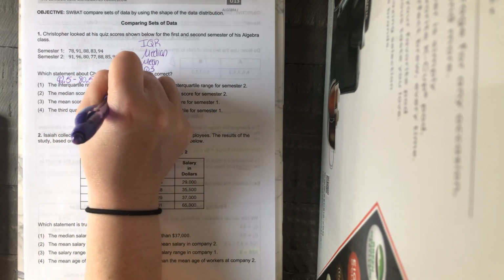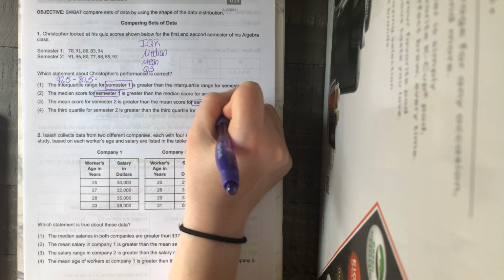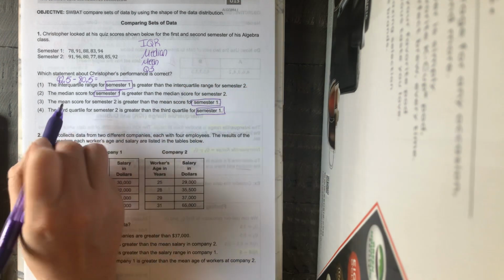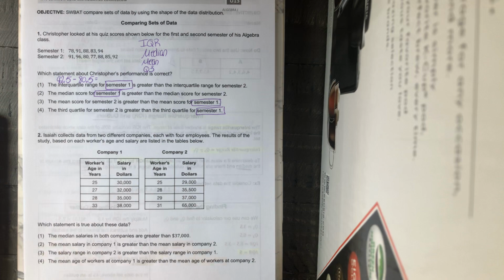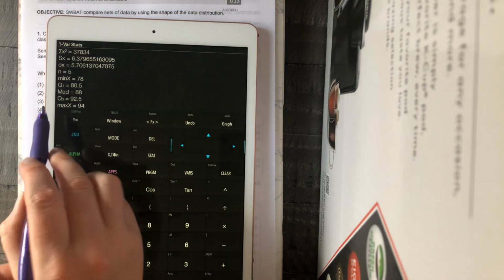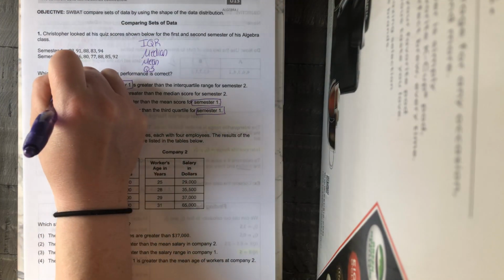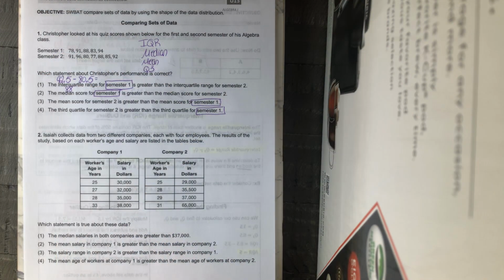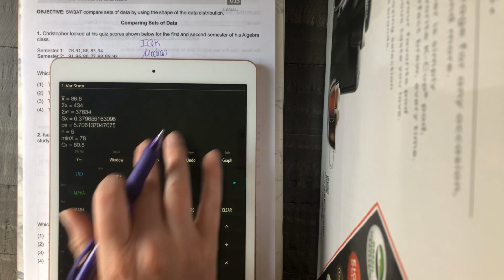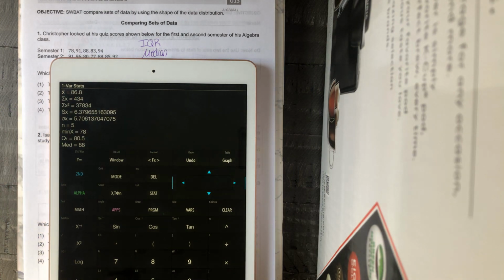So again, right now I'm looking at semester 1. What was the median score for semester 1? Well, if I check back here, the median was 88. So I'm just going to fill that in. I know that the mean is the first value, that x-bar, which was 86.8.